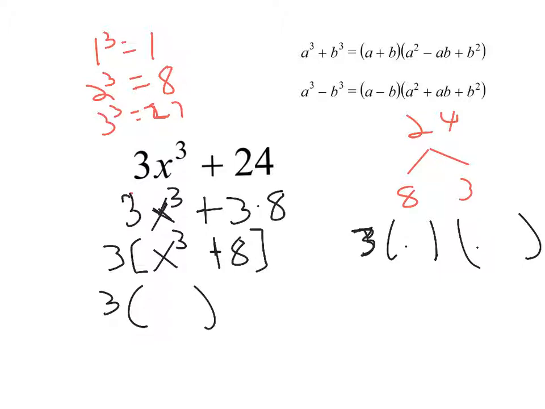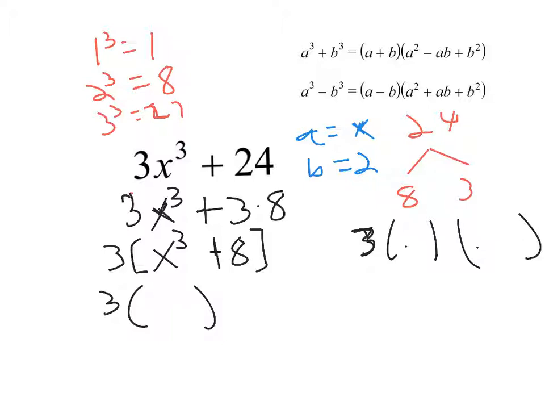Now notice that my a is x and my b is 2, because 2 cubed is 8. So maybe just write that somewhere so you can keep it in mind: a is x, and b is 2. We're going to use those in the formula.